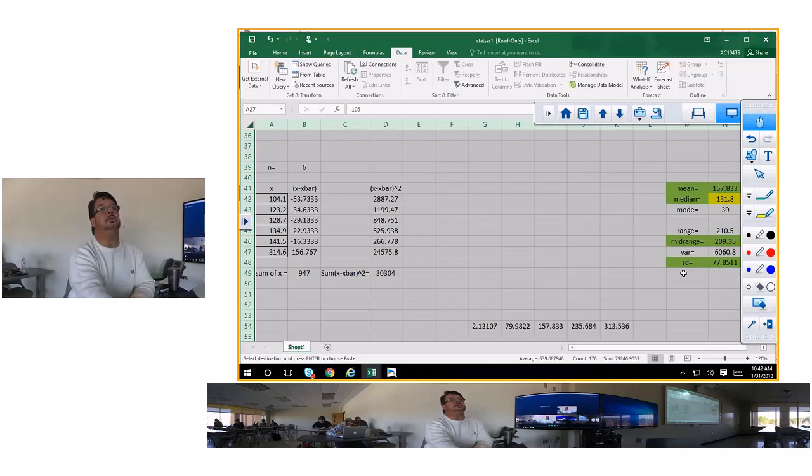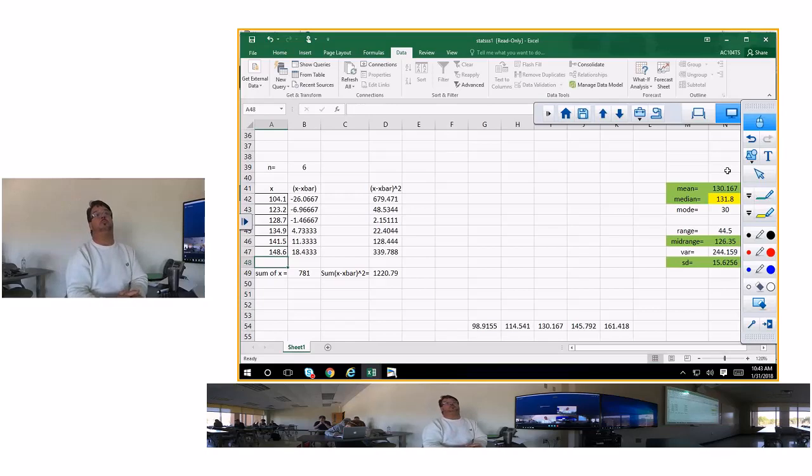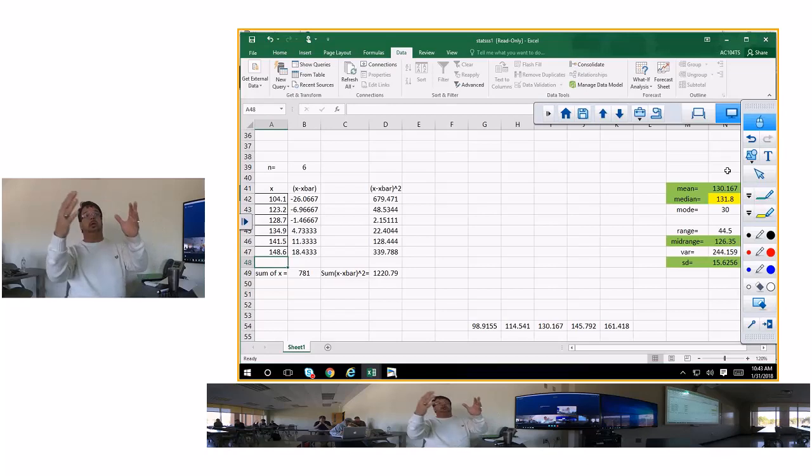And then you got a standard deviation of 79. Something is out of kilter, and it's at 314. If you change that 314 to 150 or 152 or 148.6, watch the standard deviation. Now it's getting down to a manageable standard deviation. And all of this is calculation and interpretation.